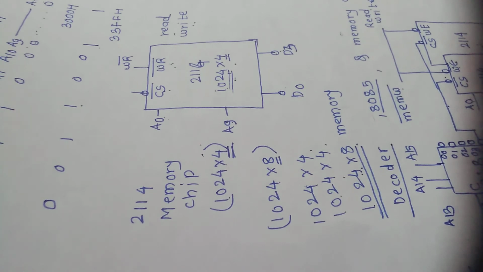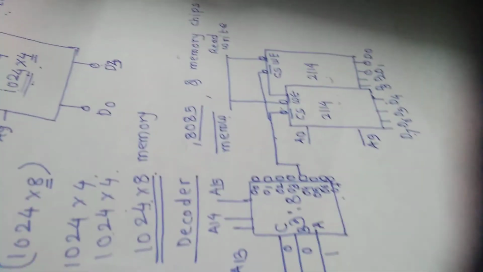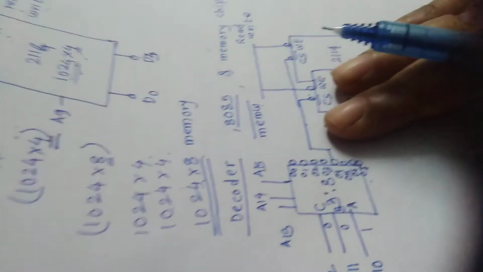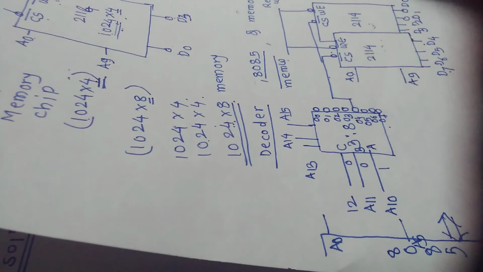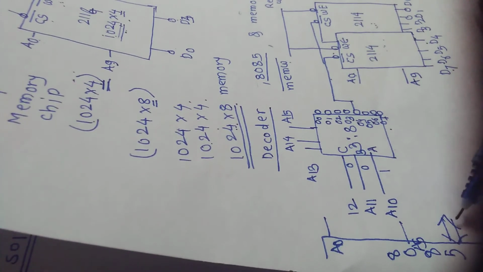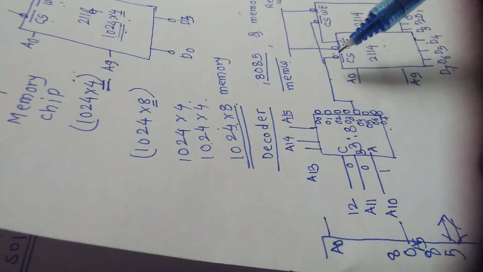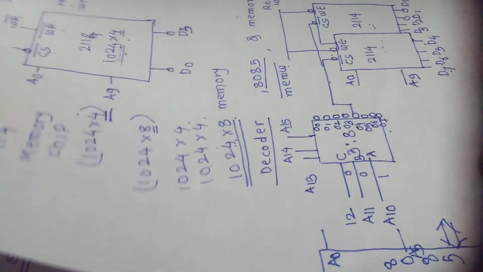These A0 to A9 address lines are connected to the A0 to A9 address lines of the 8085 processor.